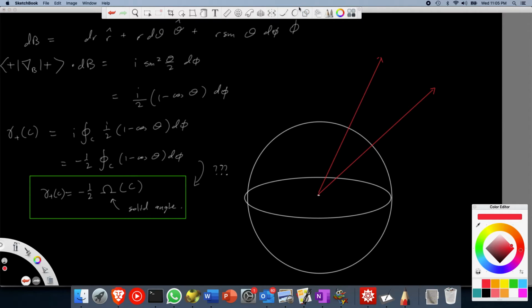Let's say the magnetic field varies from here, and varies in a fashion like this.